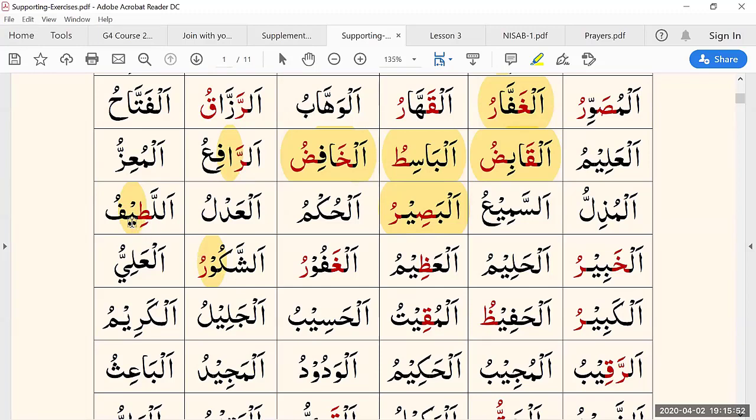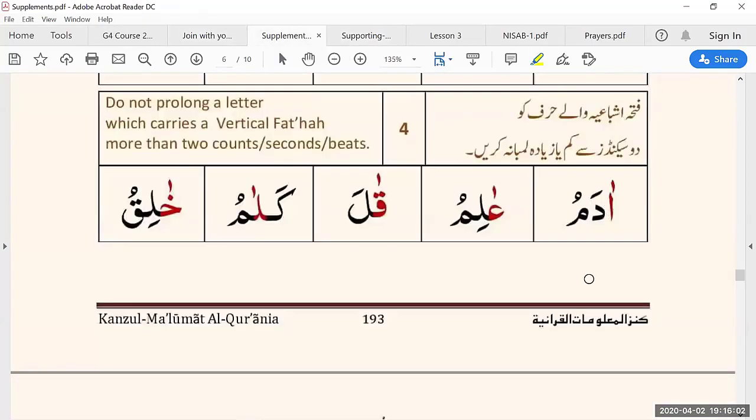These are letters of elongation, and the rule is to prolong them for 2 seconds. They are similar to Ishbaiya strokes, because Ishbaiya strokes are also prolonged for 2 seconds, right?